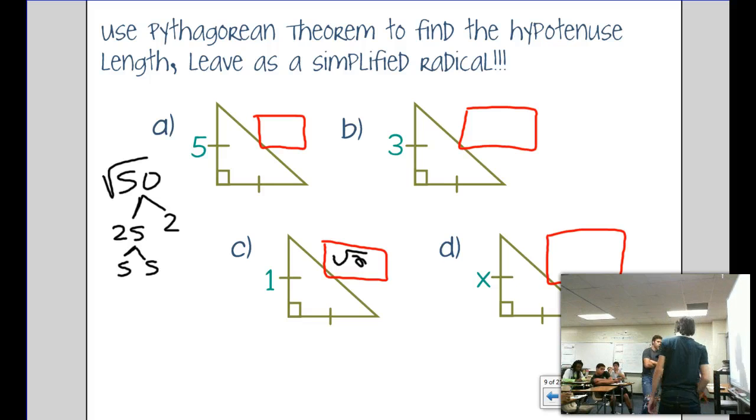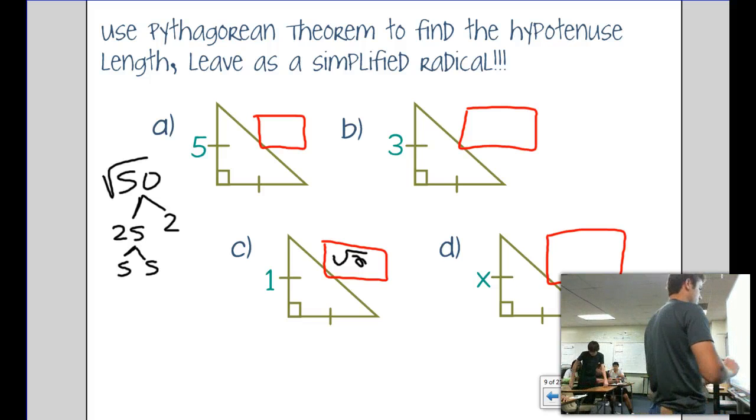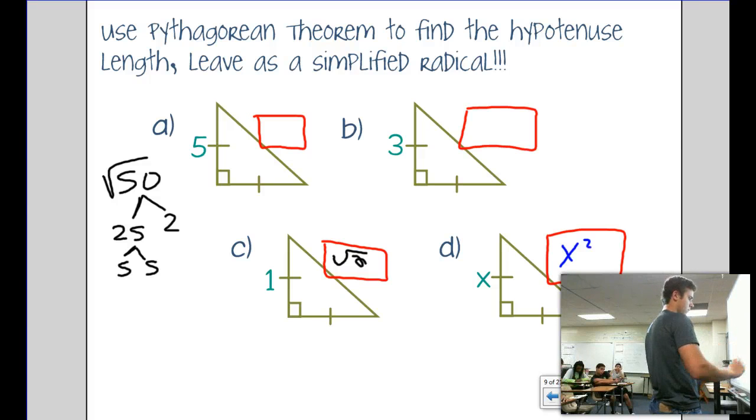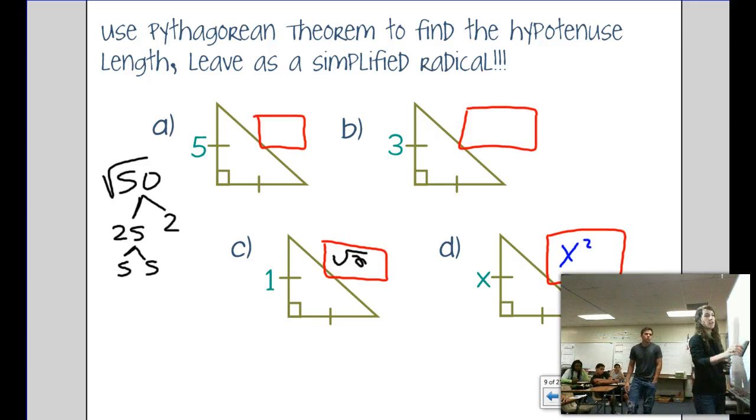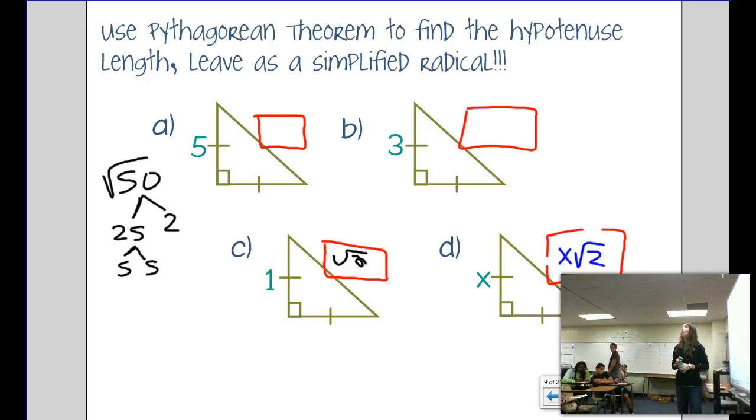Go sit down. But 1 square root 2. I did it, and then I was like, I'm just going to guess, so I gave up. Close. You lost your 2. What is it, 1x squared or 2x? What's the square root of x squared? Okay, we'll talk about it.